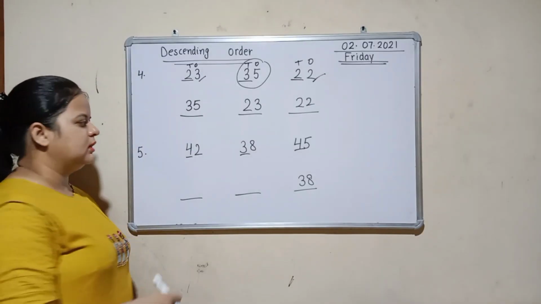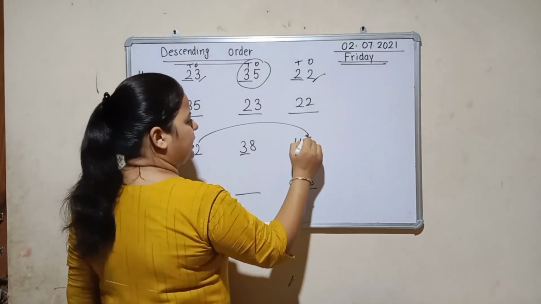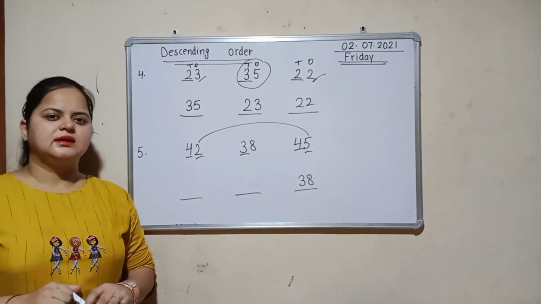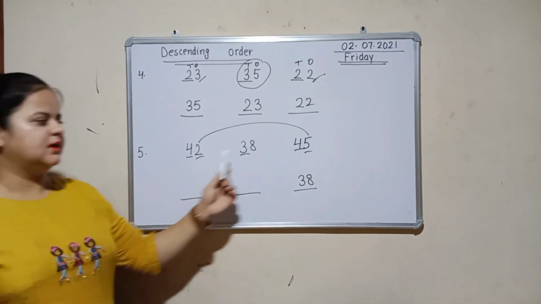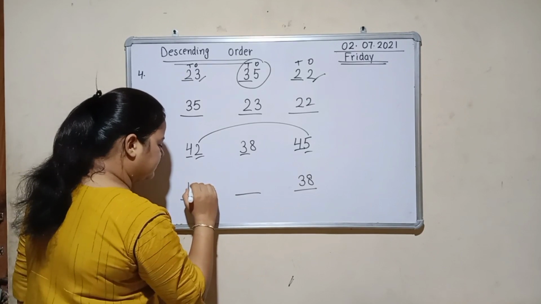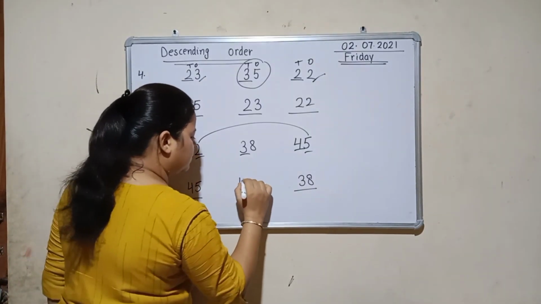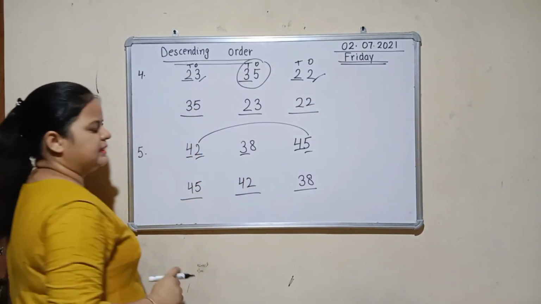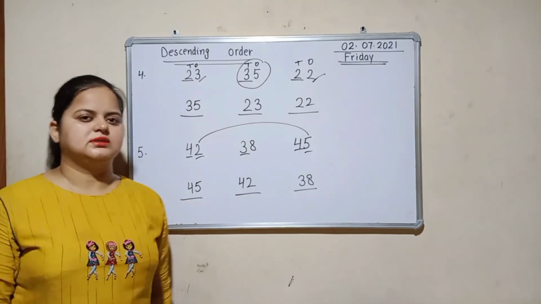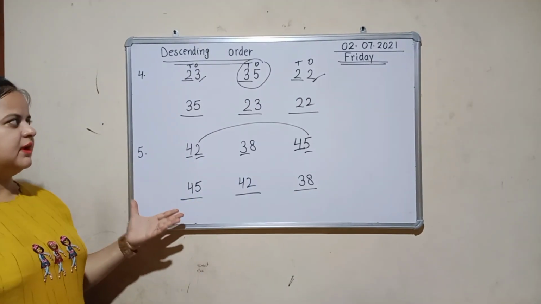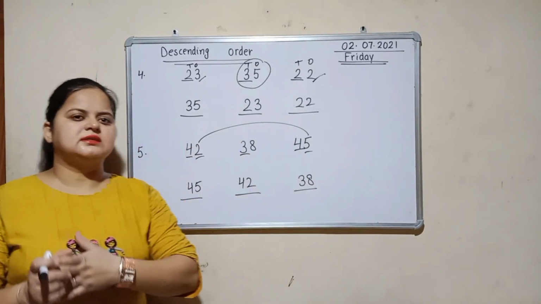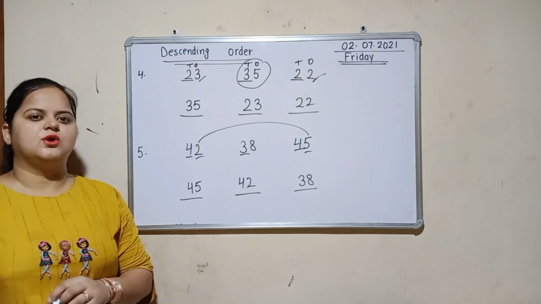These are equal, so we will compare 2 and 5. 2 is smaller than 5. So 45 is the greatest number, 42 is the middle and 38 will be in the last as the smallest number. So here we have arranged the numbers from greatest to smallest. This is called descending order.